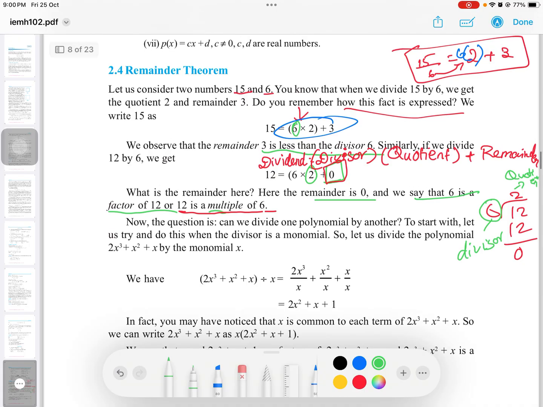Just a small trick, I'm labeling this so you can visualize it better. This is the dividend. It is very obvious: divisor times quotient plus remainder. For those of you who don't know this trick, it's the same thing: divisor times quotient plus remainder.